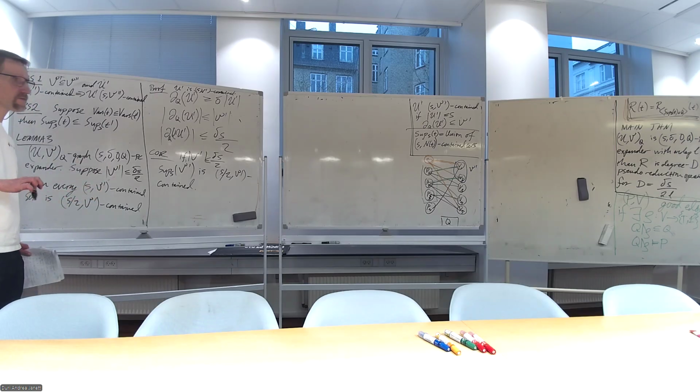You cannot bring it further down. If you would have a better upper bound on the size of V prime, then you could bring it further down, I think.